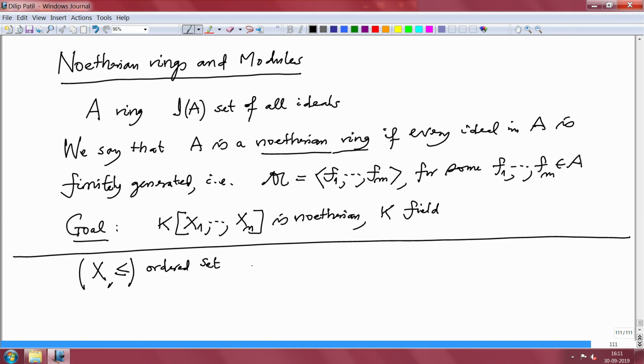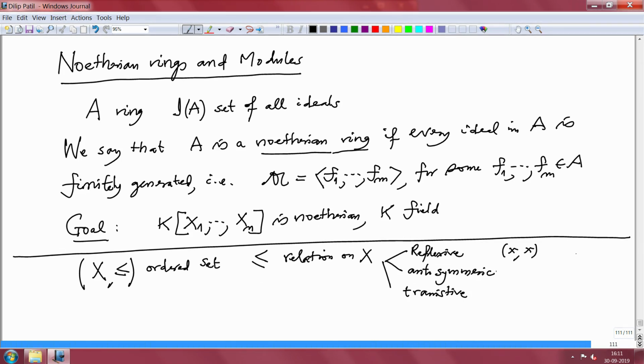This is a relation on the set X which satisfies three properties: reflexivity, antisymmetry, and transitivity. Reflexivity means x is less than or equal to x for all x.